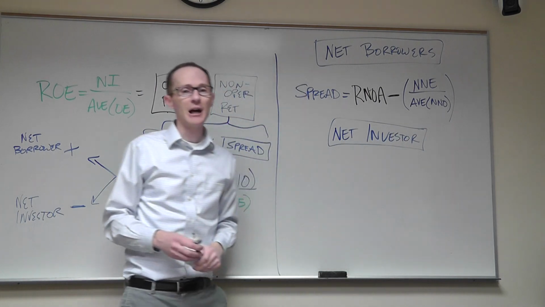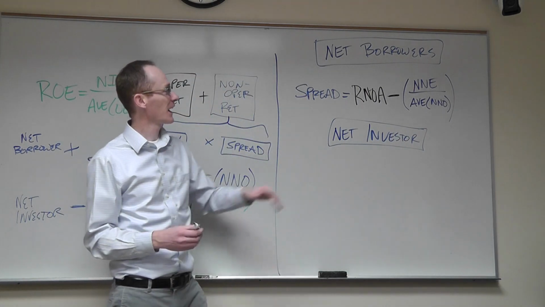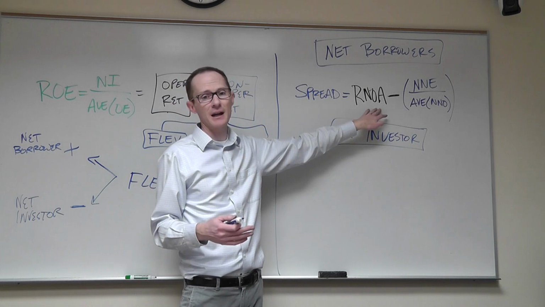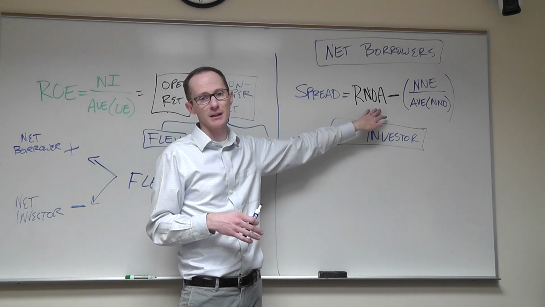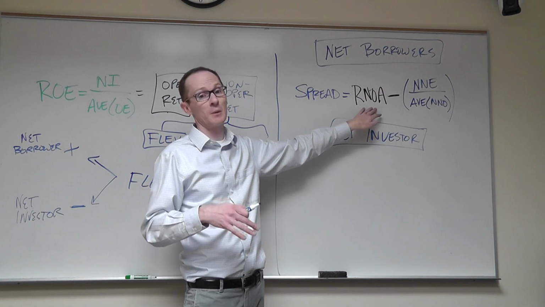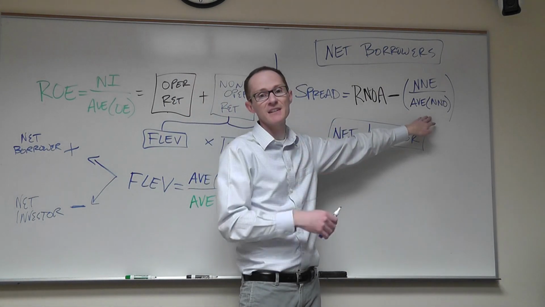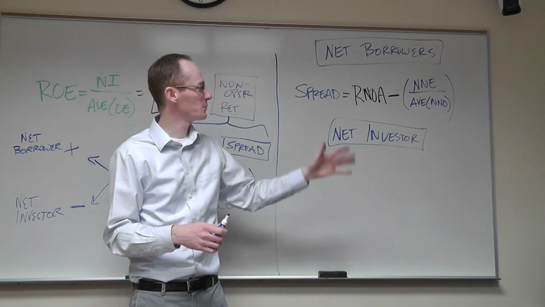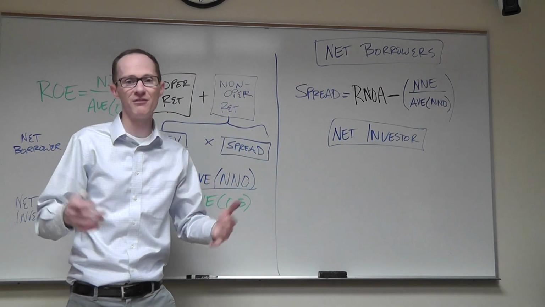Now, typically, Microsoft's return on net operating assets is going to be 30, 35%. So for most companies, their return on net operating assets is much bigger than what they would get just investing in securities, which for most companies would be something like 3, 4, maybe 5%.